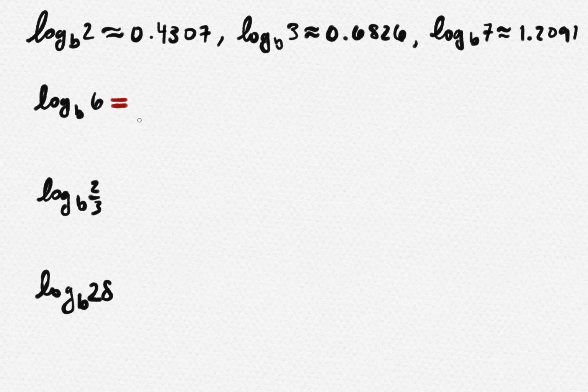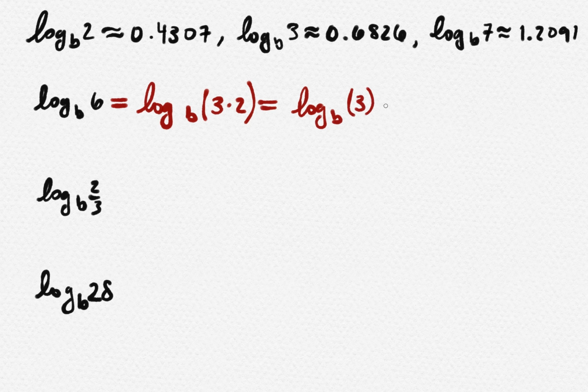So we can do this by using our properties to split these inputs up. So if we do that, we're going to get log base b of 6. 6 can be written as 3 times 2. And then we can use our property. That's the log base b of 3, which we have right here, and then plus the log base b of 2, which we have here.